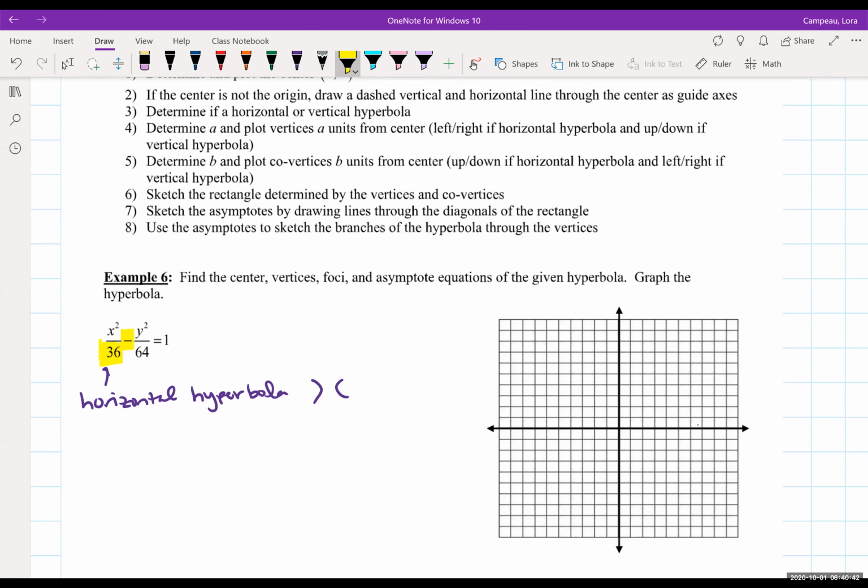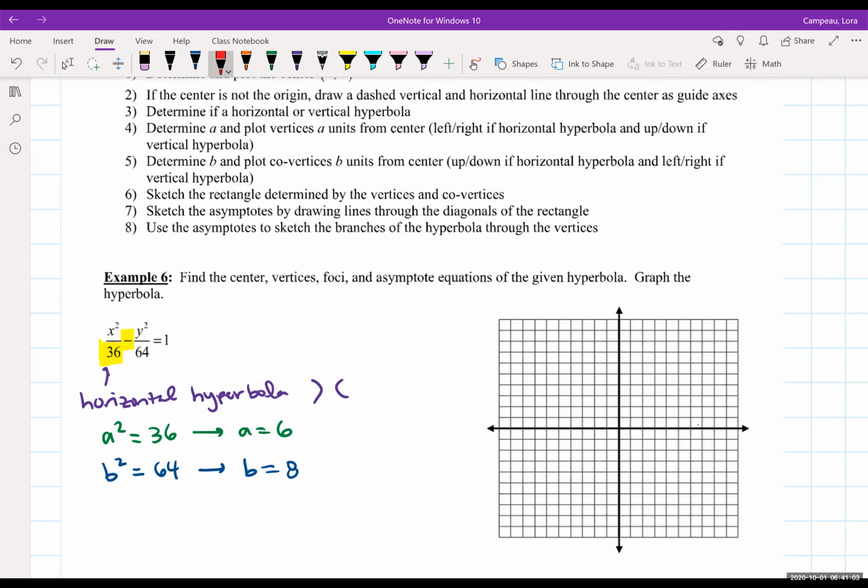So we have a square equaling 36, which leaves us with a being 6. And b square is associated with the negative term, so that's 64, which leaves us with b equals 8. So some nice perfect squares here.